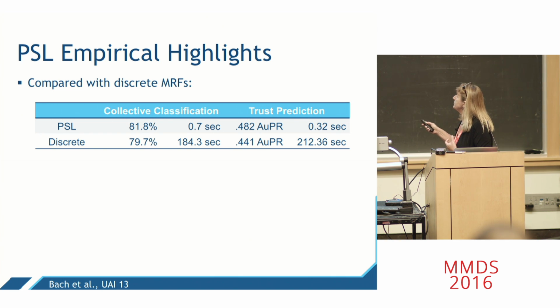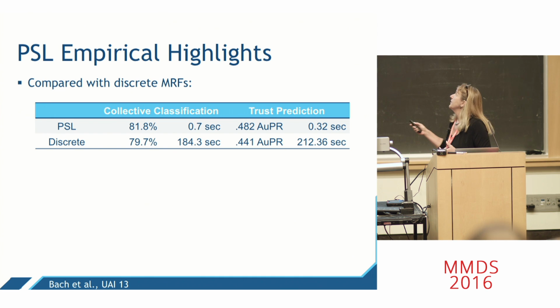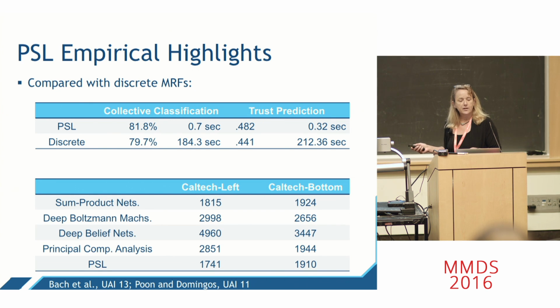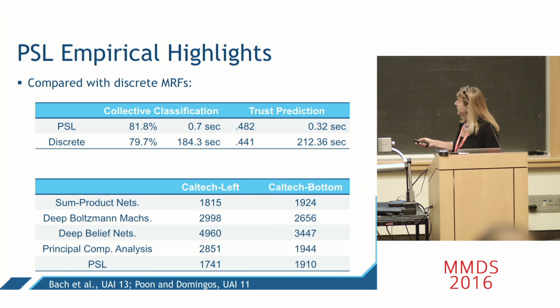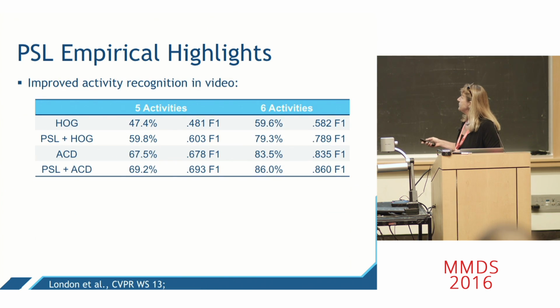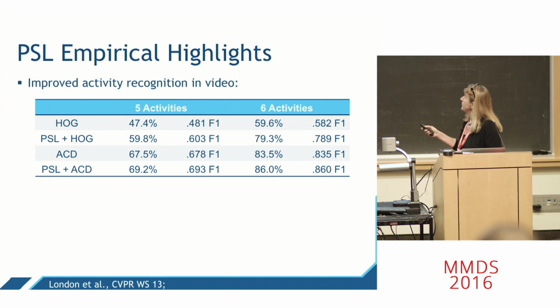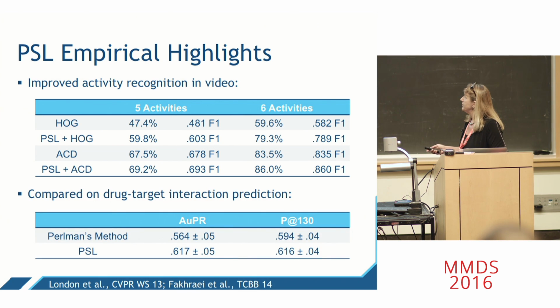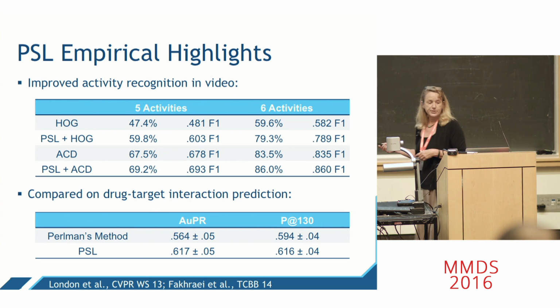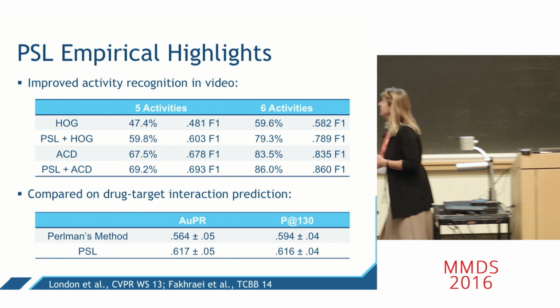We're doing better in terms of performance for a node labeling problem and for a link prediction problem. The biggest thing, though, is the speed. We're getting orders of magnitude speedup even on these small problems. In a couple of other settings we're comparing to state-of-the-art techniques for image reconstruction, for activity recognition in video, and then some biological data, drug target prediction, and we're doing very well.